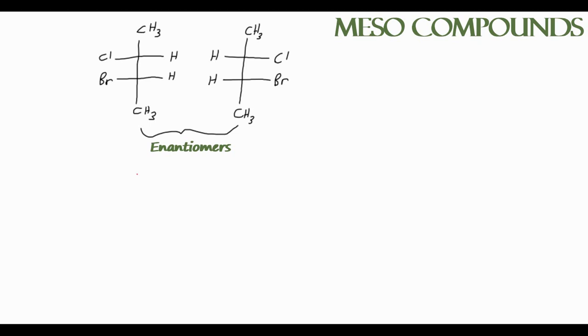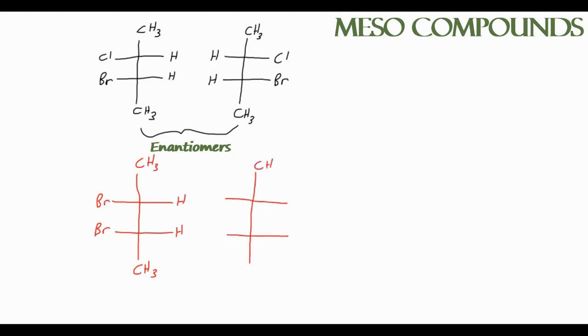However, what if we draw the same sort of skeleton, except now we have two bromine substituents on the same side? Well, we can again draw the mirror image of that Fischer projection with the bromines on the other side of the molecule. But you can also notice that these two molecules are actually the same.